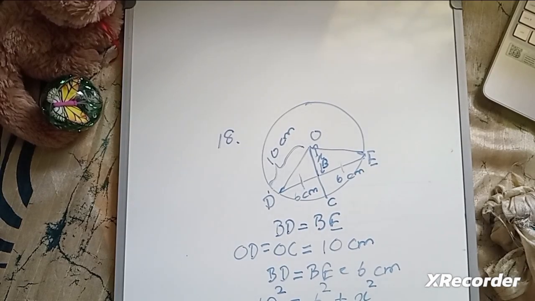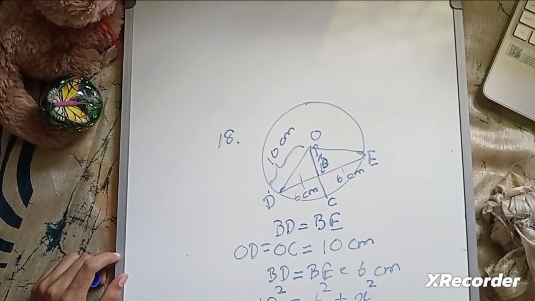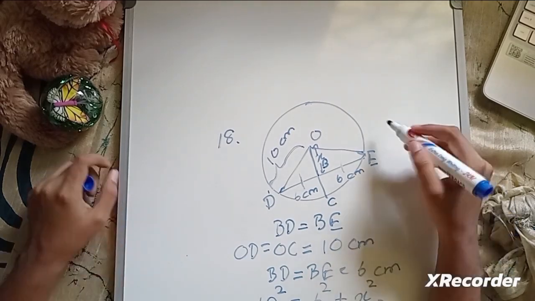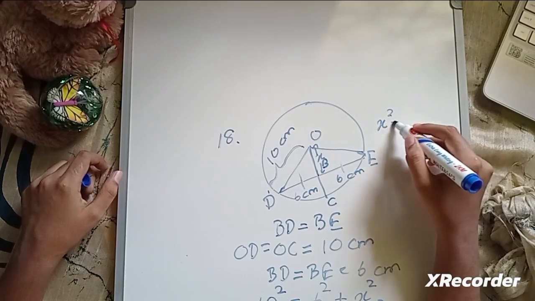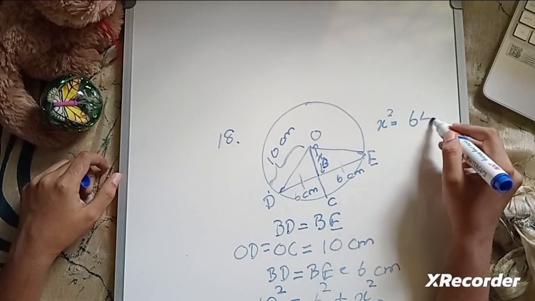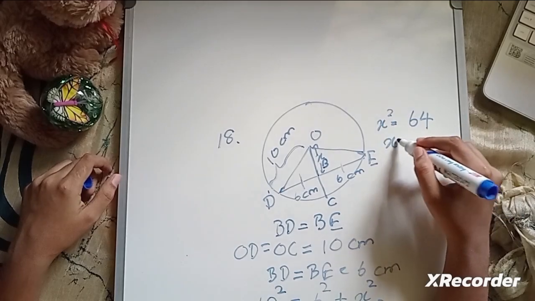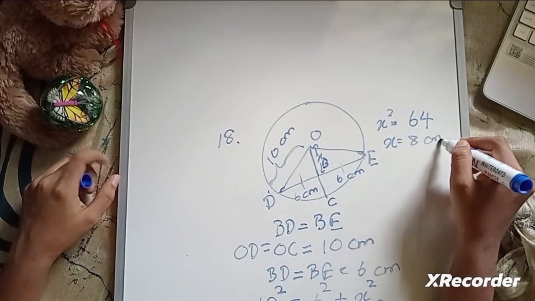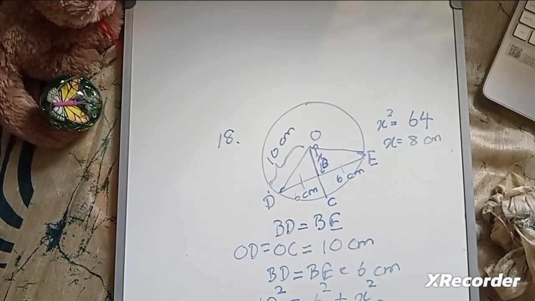So from this I can simply say 36 plus x squared, x squared equals 64. So x equals 8 centimeters.